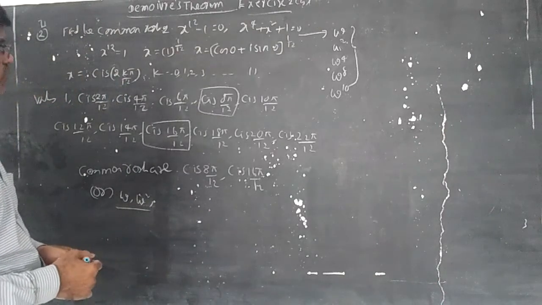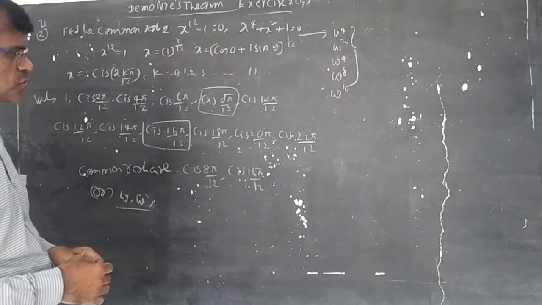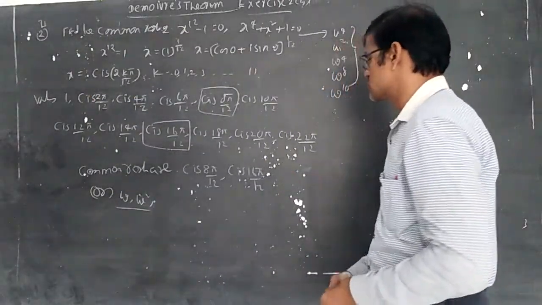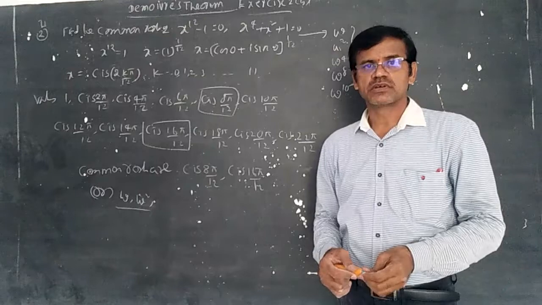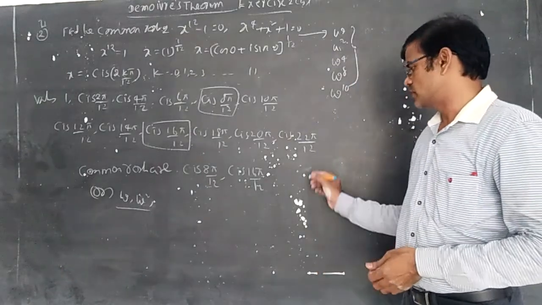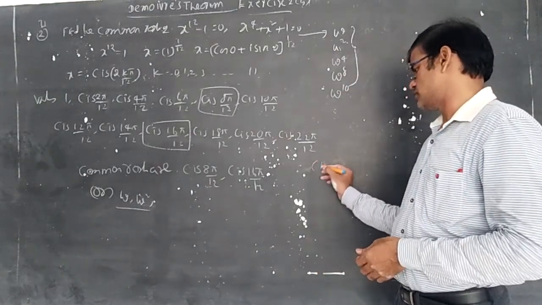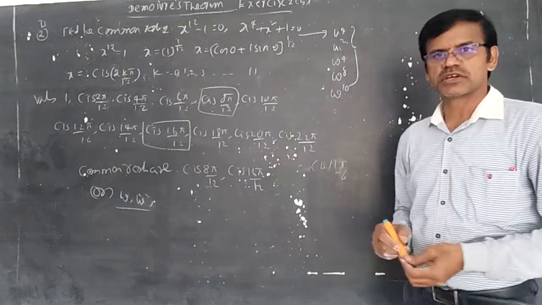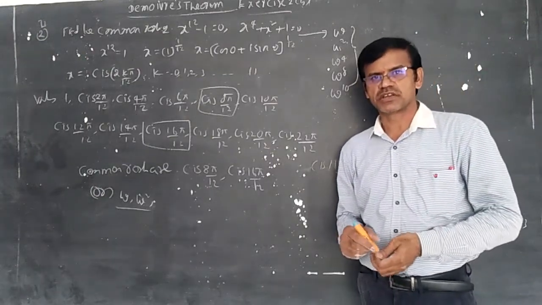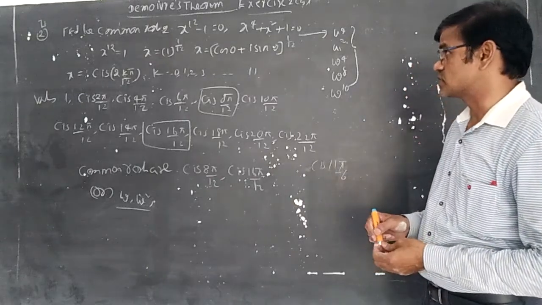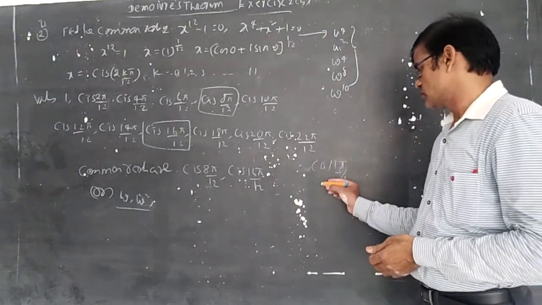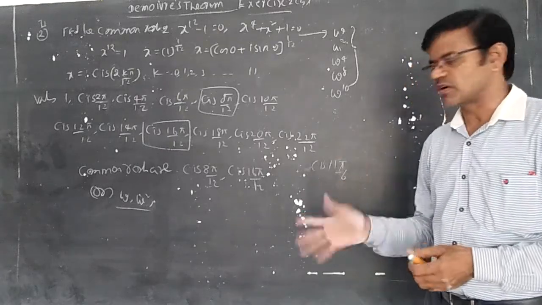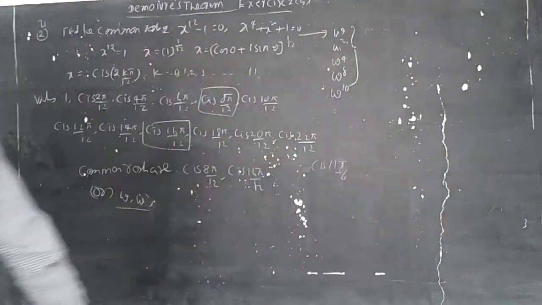Until k equal to 11, so 22 pi by 12. If we cut this one, second table, 11 pi by 6. This 11 pi by 6 becomes 330 degrees. So cos 30 plus i sin 30. Cos 30 minus i sin 30 becomes minus omega. It is wrong. Simply leave it.